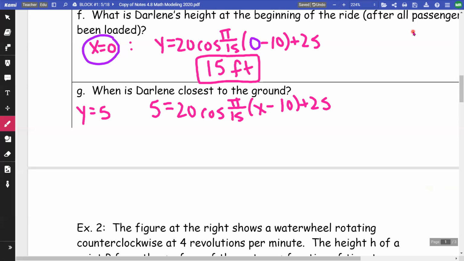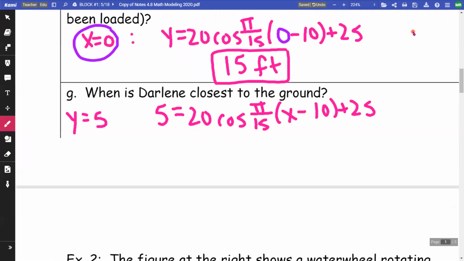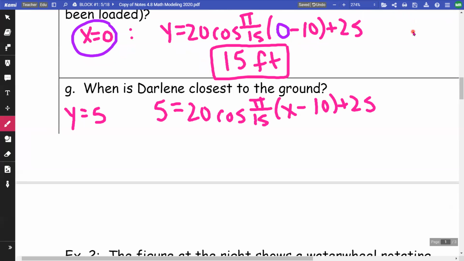And we can solve this algebraically, but I think the easiest thing to do is actually use your graphing calculator or Desmos. I'm going to show how to do it on the graphing calculator, and I'll show you how to do it on Desmos. So we're going to enter the equation into the y equal, okay, this equation here. That is my cosine graph.